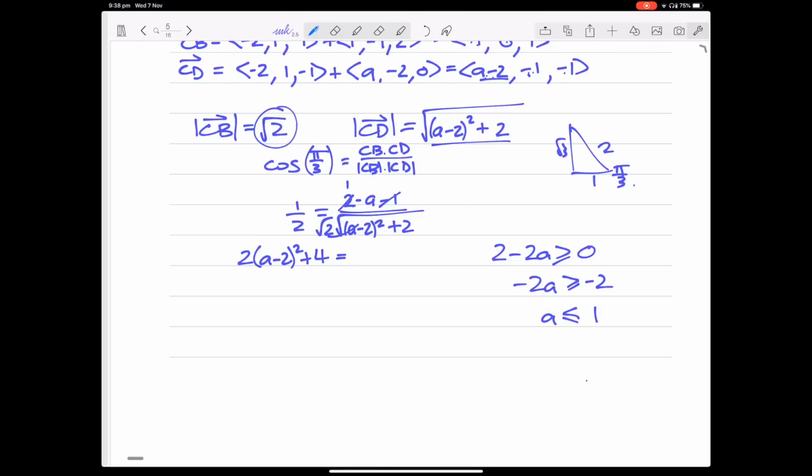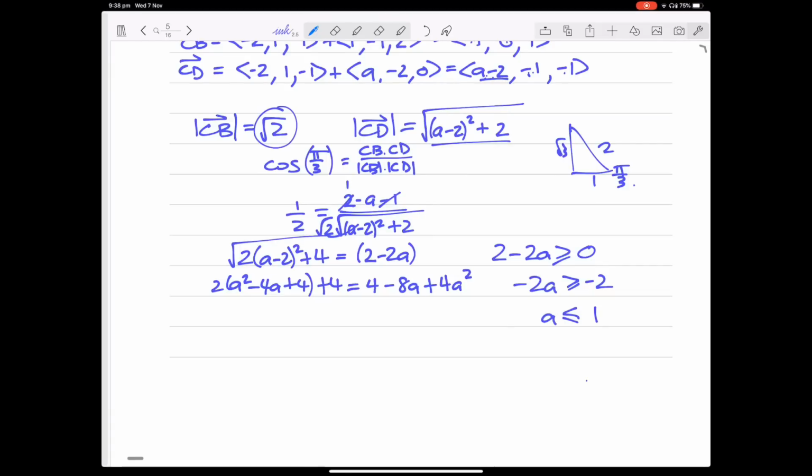That's equal to 2 minus 2a. So here we get 2a squared minus 4a plus 4 plus 4, and that equals, when we square this, 4 minus 8a plus 4a squared.